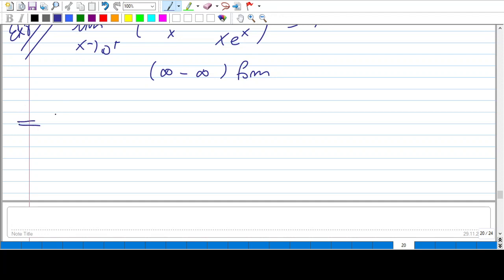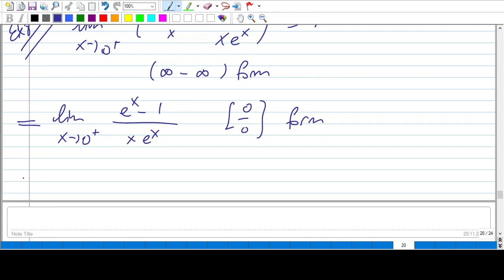This limit is equal to the limit, making the denominators equal as x goes to 0, so if you multiply by e power x, we will have e power x minus 1 over x e power x, and this is of the form 0 over 0. Now I can apply L'Hopital.